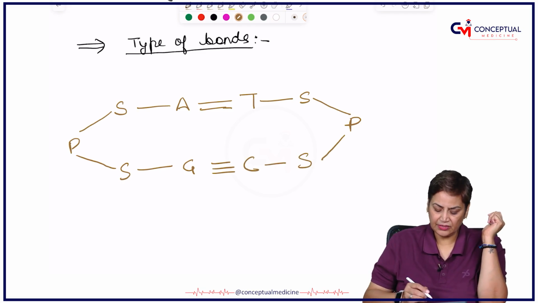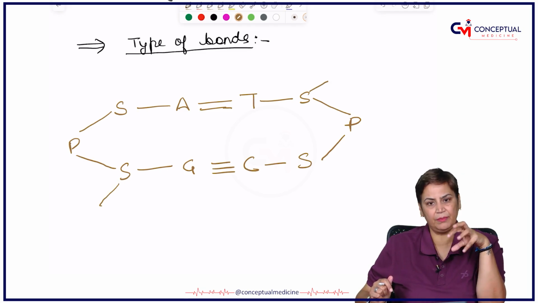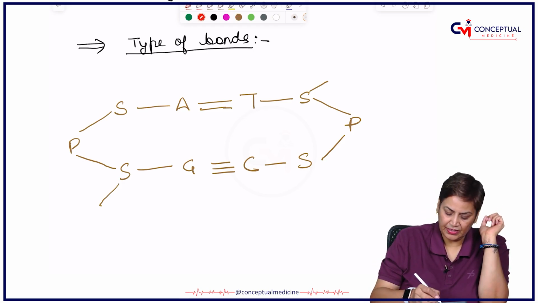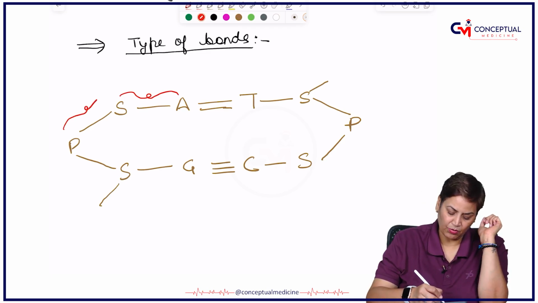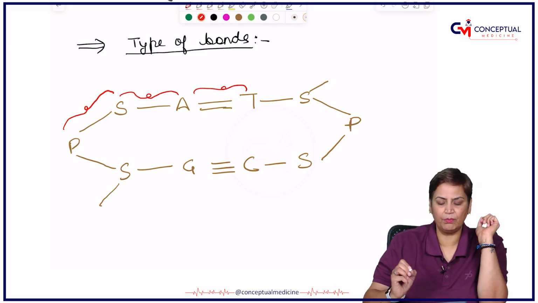Now, the question is, what is the bond present between the bases? What is the bond present between the base and the sugar, and what is the bond present between the sugar and phosphate? So there are basically three types of bonds.